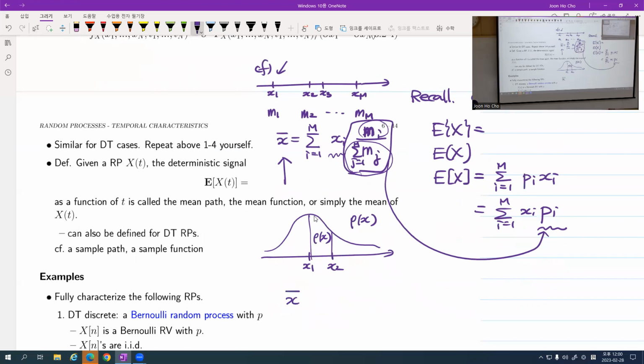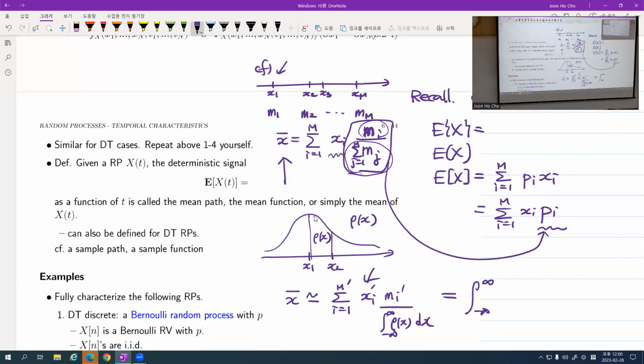Almost the same thing. You may say that this x bar, the center of mass, would be well approximated by some summation of what? Xi prime and Mi prime divided by the integration of the entirety. And then if you divide the interval into smaller and smaller pieces, then you believe that this summation will converge to what?